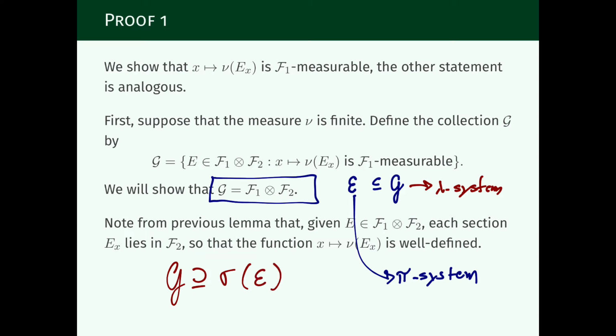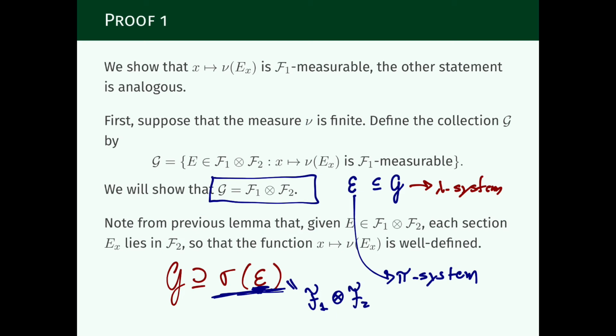So this family that we take can be very small, but large enough so that the sigma algebra generated by it equals the whole sigma algebra of the space, and then we're finished.